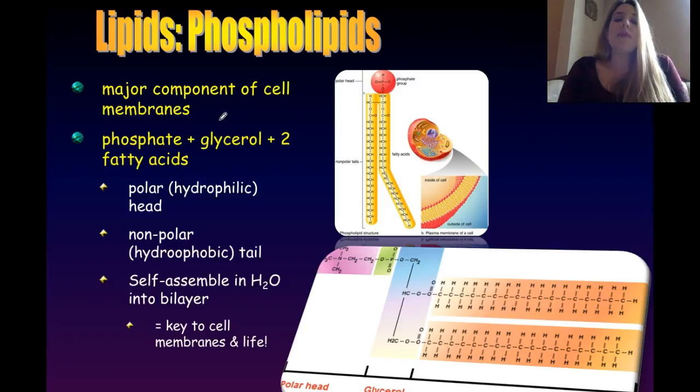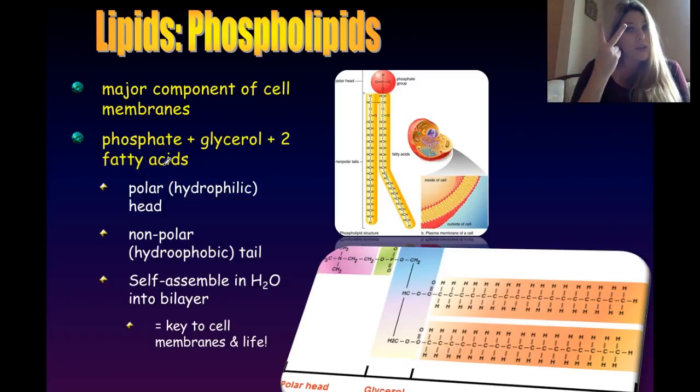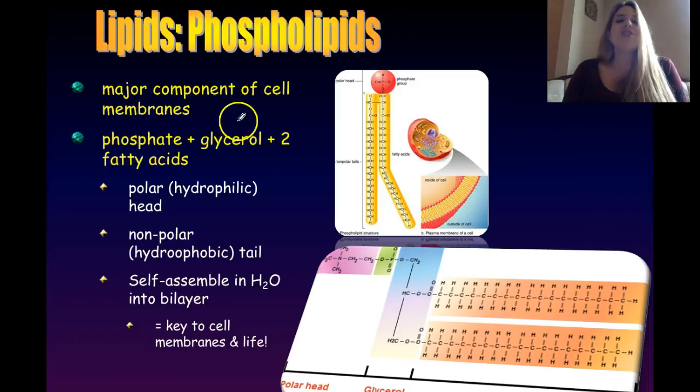So these, you'll recognize the majority of the components of these just from your understanding of fats. They have fatty acids, although their fatty acid chains, they don't have 3, they have 2. So they have 2 fatty acid chains attached to a glycerol by ester linkage, just like you learned before. But then they got this head right here. And this is called a phosphate head. It is polar.